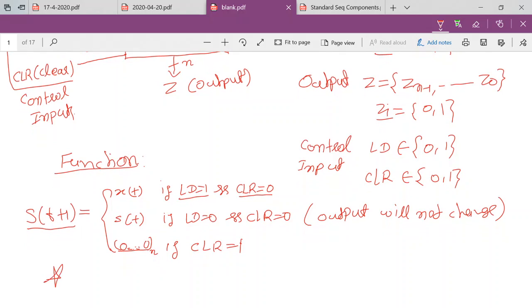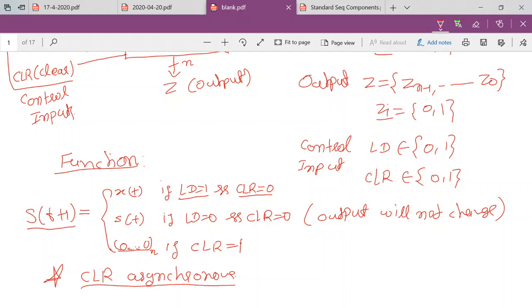Now please take care of it. The clear control signal is asynchronous. I think you should be able to understand the meaning of asynchronous. We say a particular control signal or input or output is synchronous if it only changes corresponding to the triggering event, right? That means it depends on the clock cycle.